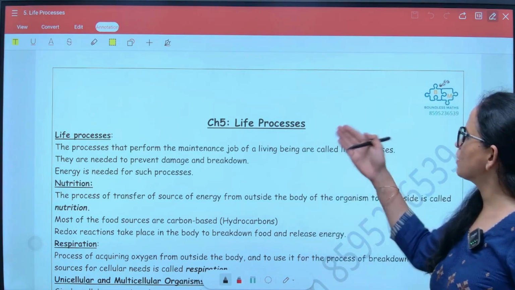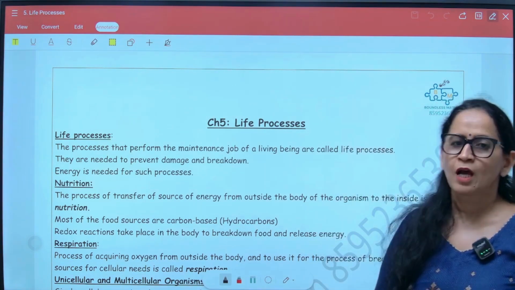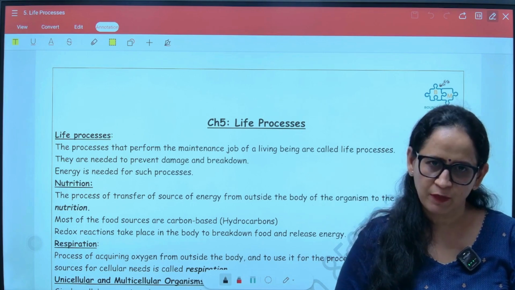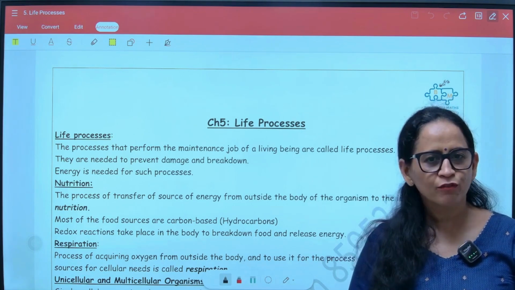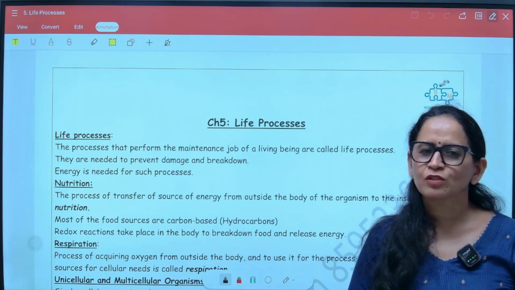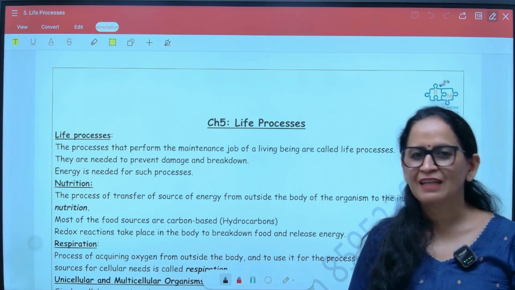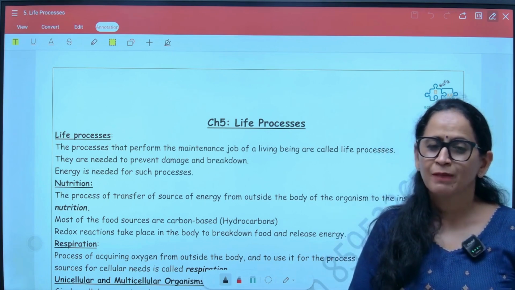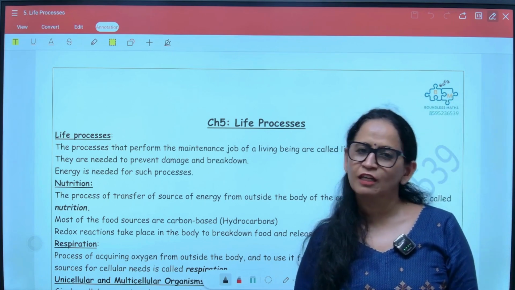So the basic question is, what is a life process? Processes that are necessary to maintain life are called life processes. For example, taking in food, breathing, digestion, transportation, excretion, all these are necessary for any living organism, right? But if we talk of reproduction, is it a life process?